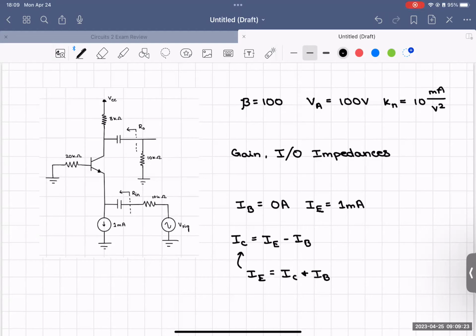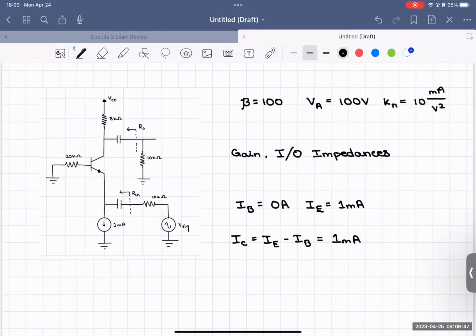You just rewrite this. If you know any 2 of the 3 currents, you can always find the third. So we do know 2, and now we know the third: IC is 1 milliamp. That's our first thing we can solve for.